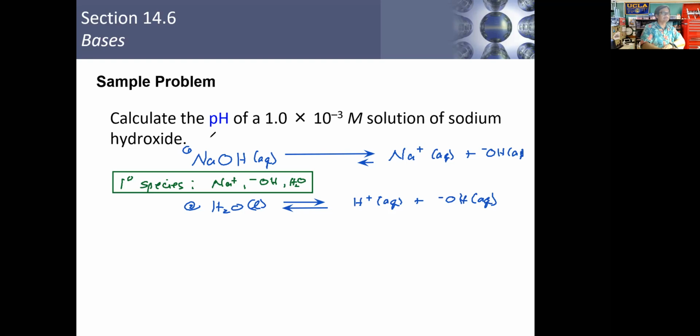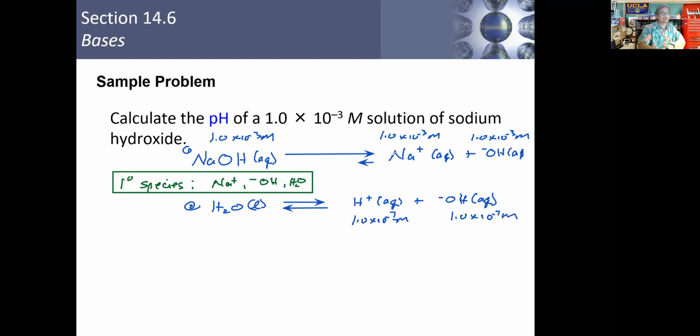We have a 1 times 10 to the minus 3 molar solution of sodium hydroxide, which means at equilibrium, we're going to have 1 times 10 to the minus 3 molar sodium ions and 1 times 10 to the minus 3 molar hydroxide ions. For water at equilibrium, we're going to have 1 times 10 to the minus 7 molar hydrogen ions and also 1 times 10 to the minus 7 molar hydroxide ions.